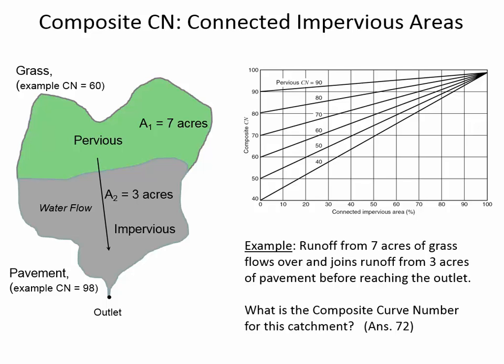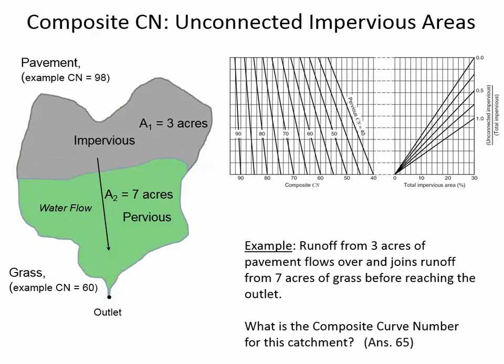But what's more complicated is what happens if the impervious area is upstream. So what do you think the complication might be for this? Why isn't this as simple as when the impervious area is already connected to the outlet? What can happen to the runoff from the pervious area?